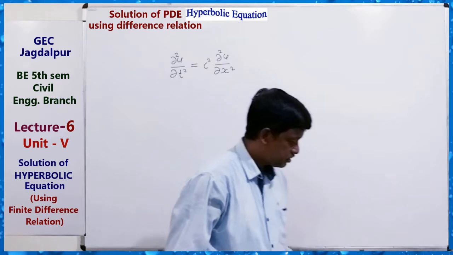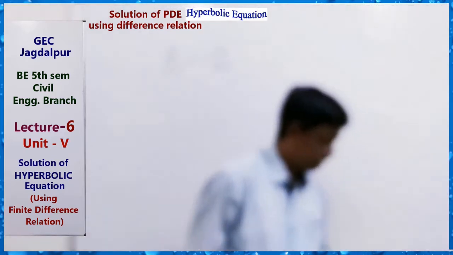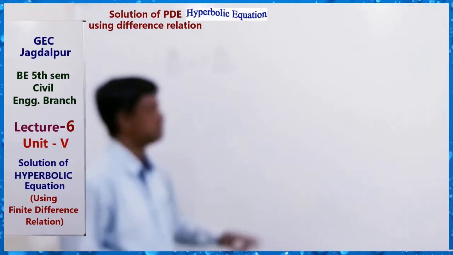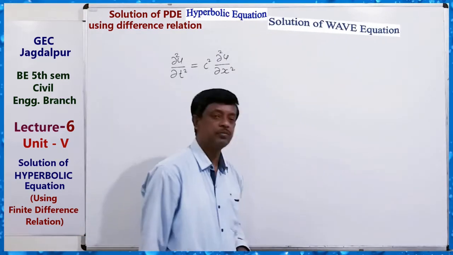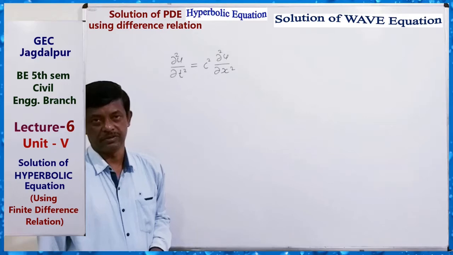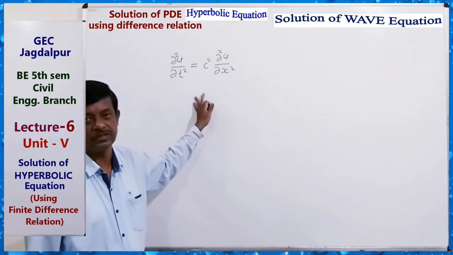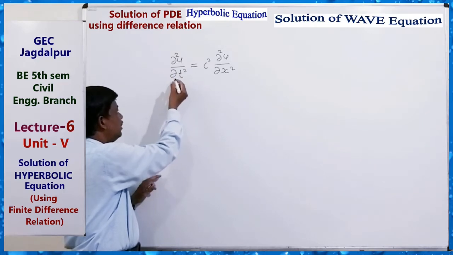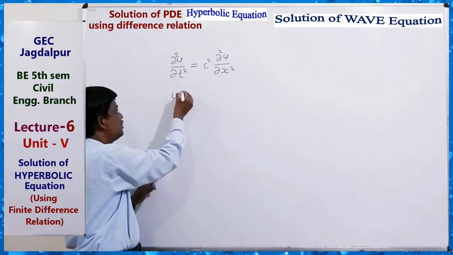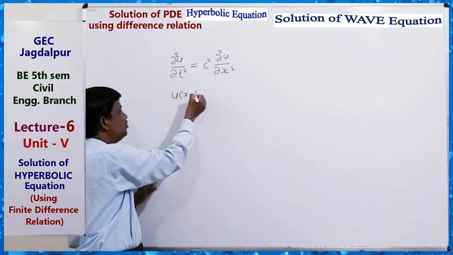Second order partial derivatives on both sides, and here c square. This is the simplest form of a hyperbolic partial differential equation, generally the wave equation. And its solution is a function u of x and t.